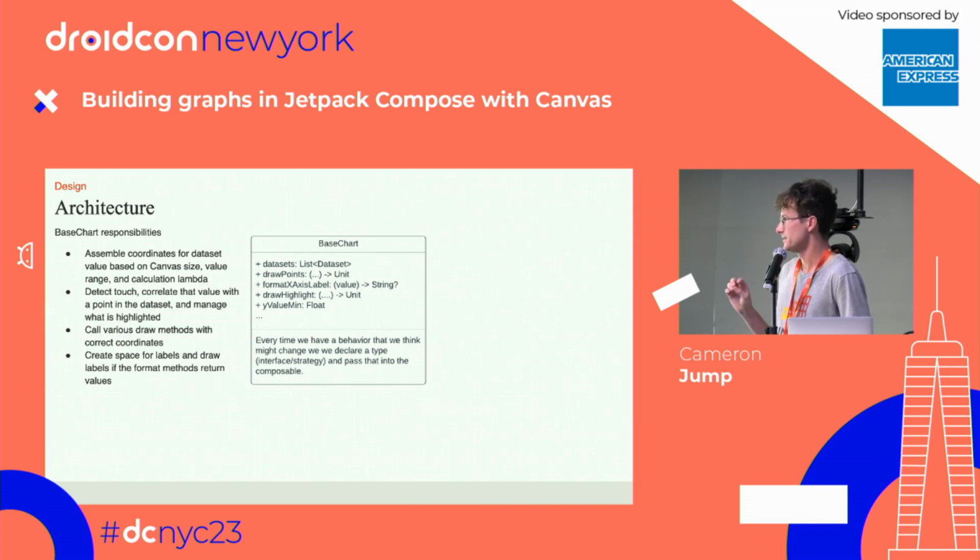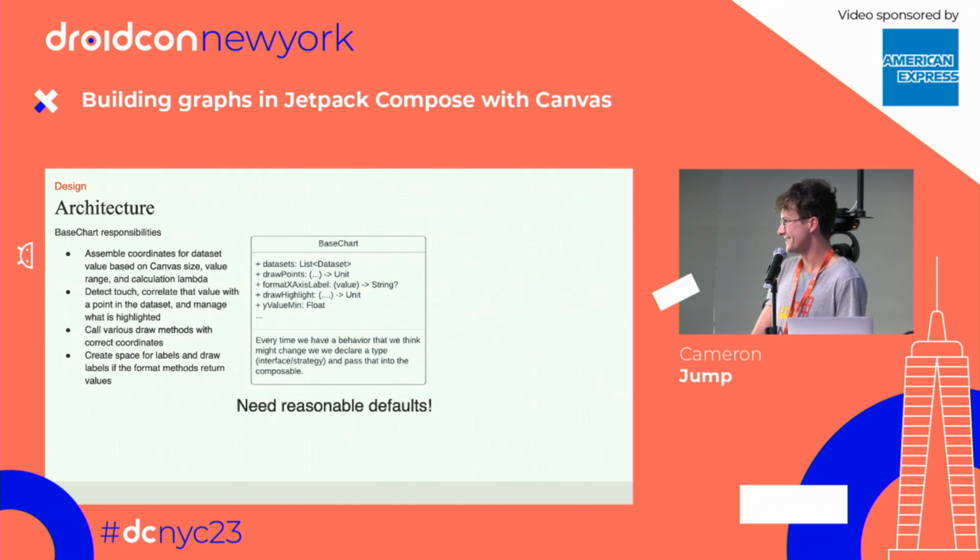So it's going to detect it, find out which values need to be highlighted, call the draw method, and hoist out that highlighted value so that I can update other parts of my UI. It's going to call these various methods that I pass in, and it's going to be responsible for creating the space for the labels and drawing the labels if the format methods that I wrote return non-null.